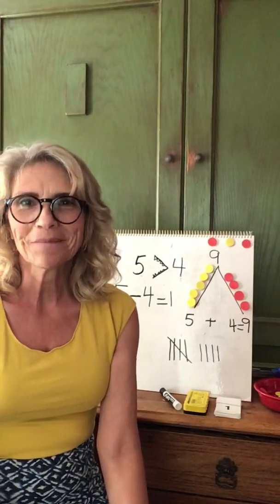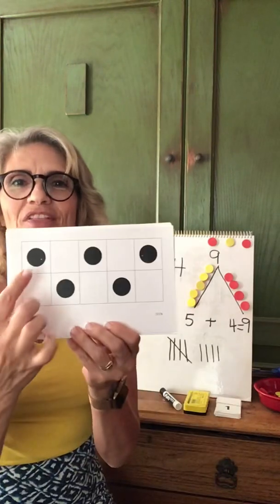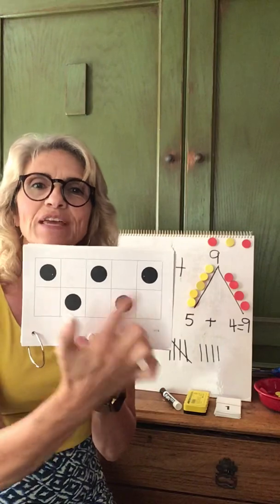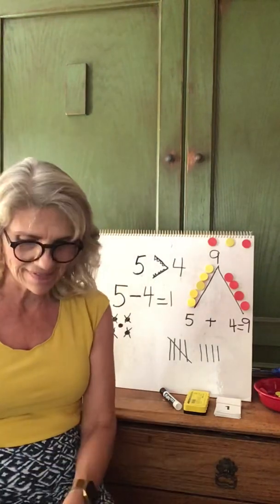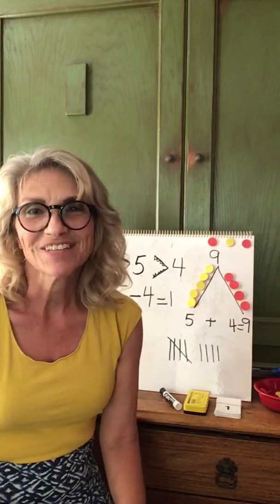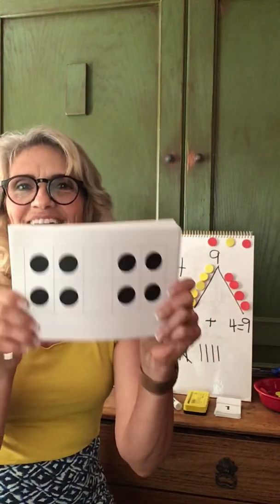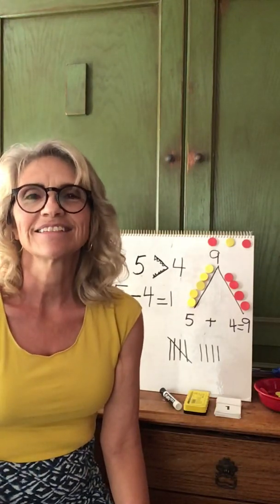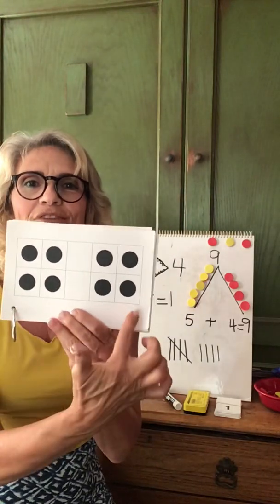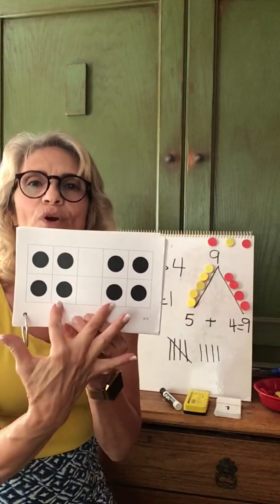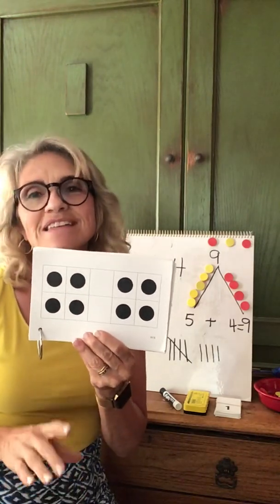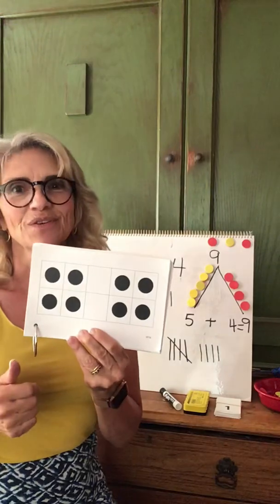Could you figure it out? 5. Look, I saw 3 dots on top and 2 on the bottom. And then you can see the 5 empty boxes. Let's do one more. All right, ready? This one's a bigger one. Did you see it? If you said 8, you're right. Because look, 4 and 4, you see 2 groups of 4, you know that 4 plus 4 equals 8, but you also see 2 missing. So if you had 10 and you took away 2, you know that you have 8.